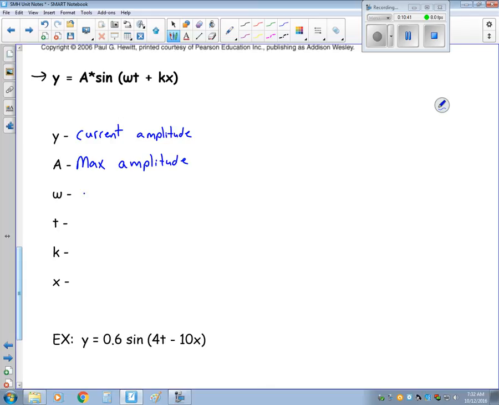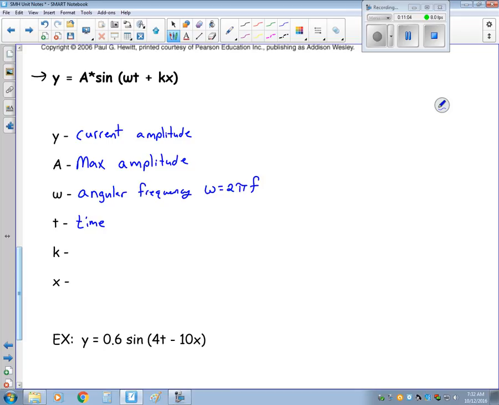Omega, again, is the angular frequency, where omega equals 2 pi times the frequency. T is for time. You know, how long has this thing been oscillating for?